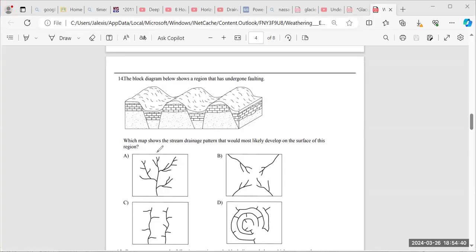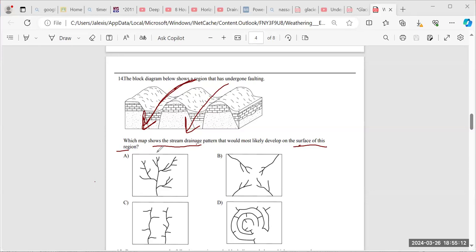Number 14, the block diagram shows a region that has undergone faulting. It says which map shows the stream drainage pattern that will most likely develop on the surface of this region. So if water was to come on top of the surface, where would the water flow? I'm seeing these gaps right here, which lets me know water will definitely flow within these breaking points.